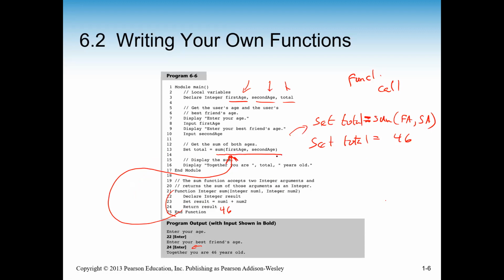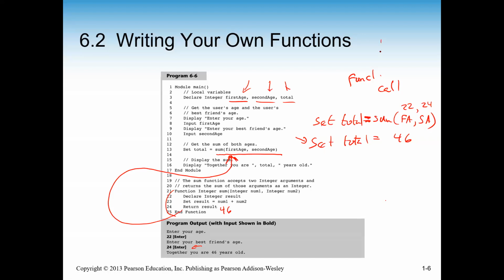So you can, in essence, think that this, where the values were, what, 22 and 24, right? This becomes that. Is that clear, guys? Do you guys see that? Yeah.